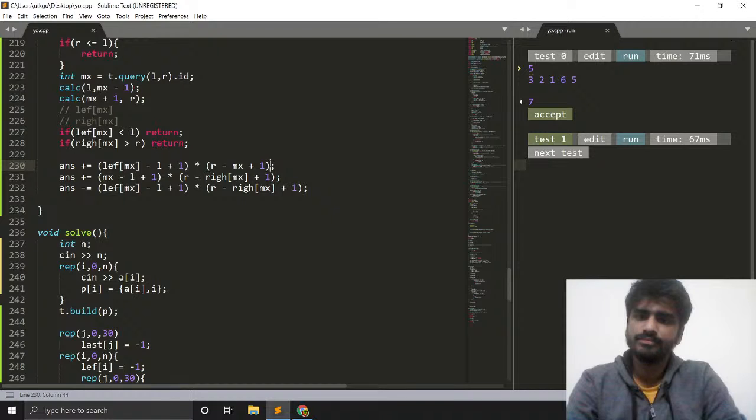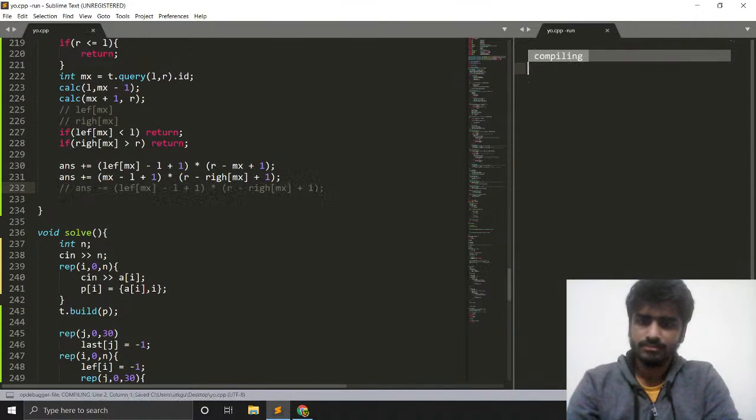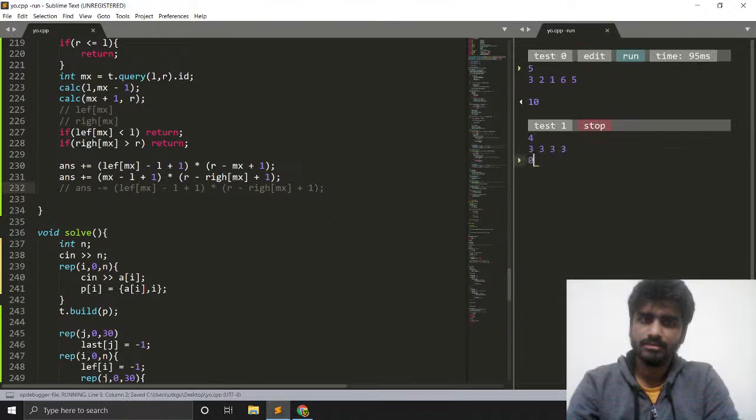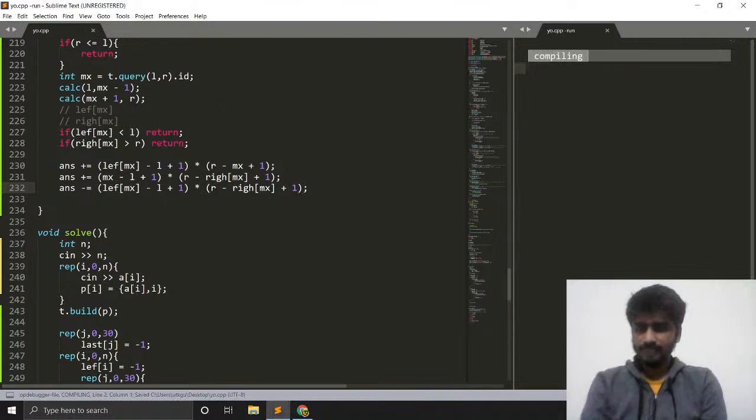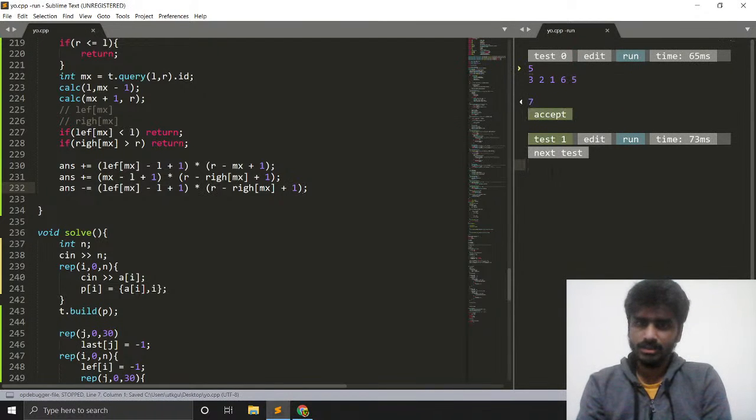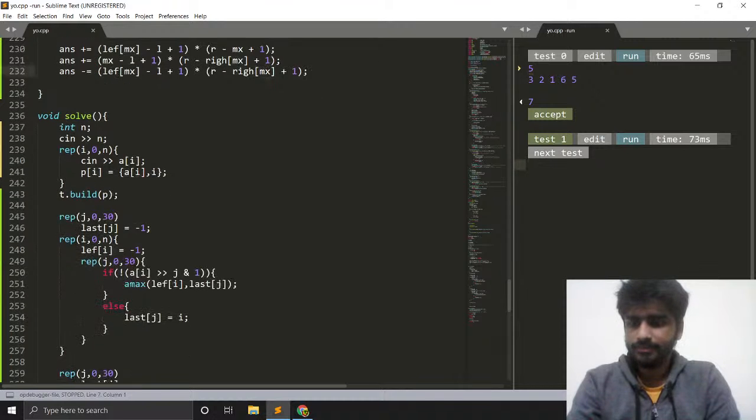Is this wrong? This shouldn't be wrong. Yeah, this is fine. Either I'm subtracting too much or I'm adding too less, because the answer should be more than what I calculated.